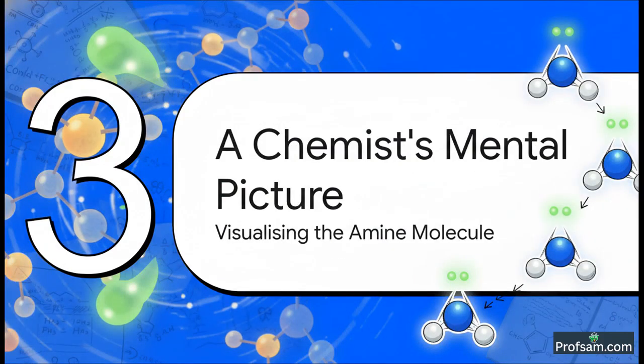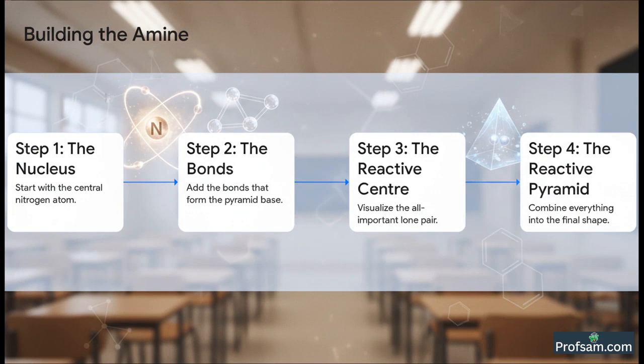So, now for the important part. What is the picture that should come into your head the moment you hear the word amine? Let's build this mental image together, step by step, so that you will never forget it. We'll do this in 4 simple steps. We will start with the nucleus, then the bonds. Then we will identify the reactive center, and finally, we will have our complete reactive pyramid.